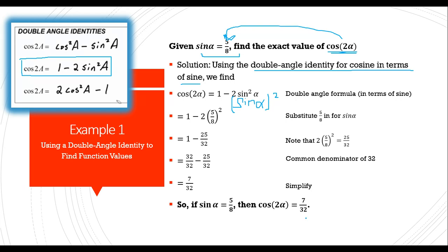Something I want you guys to notice, pause, take a second to think about. I brought this up to you before. Notice that we started out with sine of alpha equaling a number. So cosine of 2 times that angle is also going to be a number.